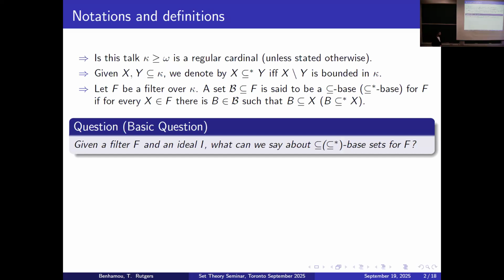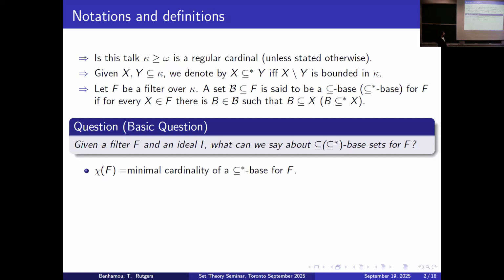So that's not a precise question. Here are a few ways you could interpret it. One way is talking about the minimal cardinality of a subset or a subset star base of F. Usually it's the same thing: if kappa to the less than kappa equals kappa, then it's the same number.